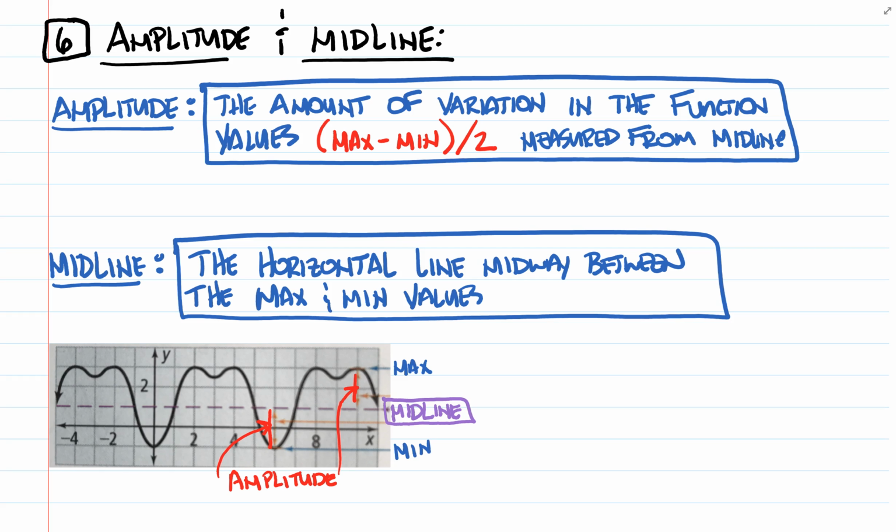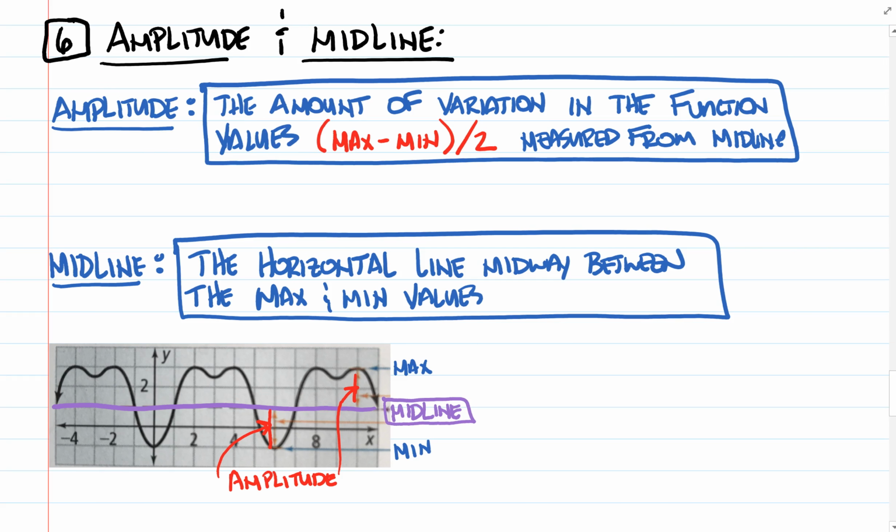The midline is the horizontal line that is midway between the max and the min values. So that should be pretty straightforward. So here's a little example for you. Okay, I have a periodic function. The midline is in purple for you, so I'll try and find my purple pen. Okay, the midline would be here. I drew it right across because it is the mid distance between the max and the min.